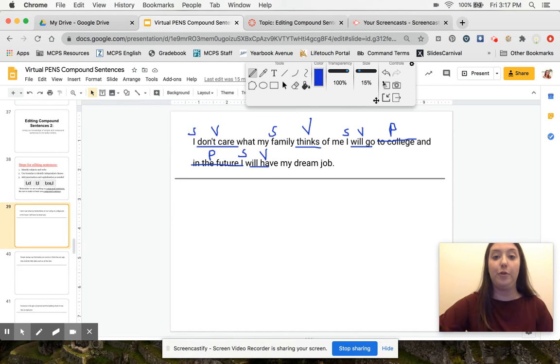Okay, so if we're splitting this up into independent clauses, so that we can make separate sentences or combine sentences, we see that we have a subject and verb here. I don't care what my family thinks of me. This is actually a type of sentence we haven't learned yet. This is a mistake on my part, but we're going to go with it.